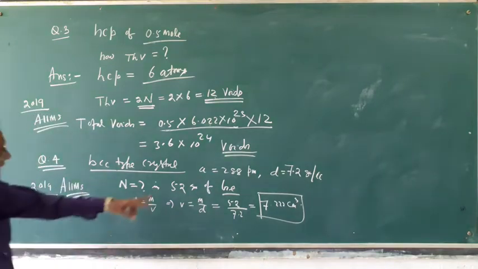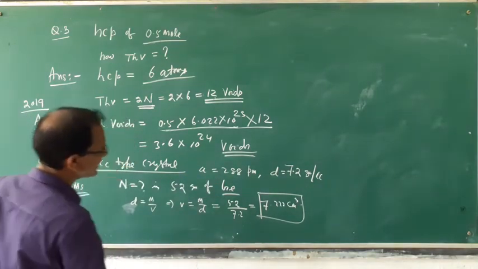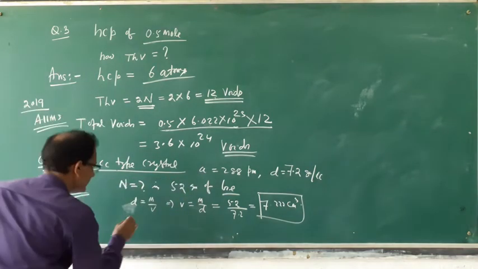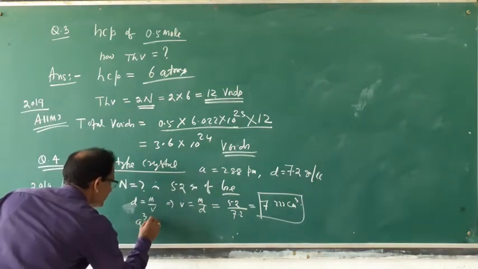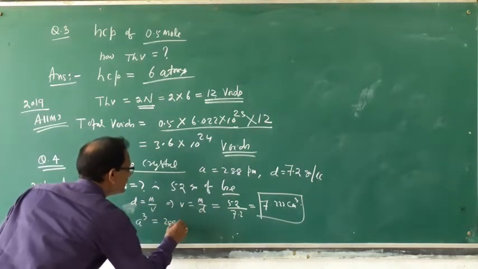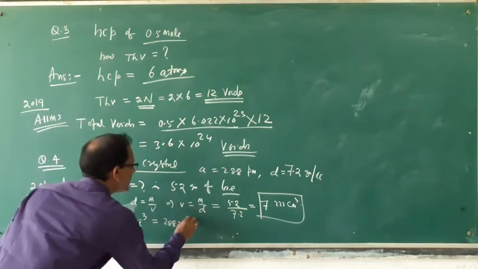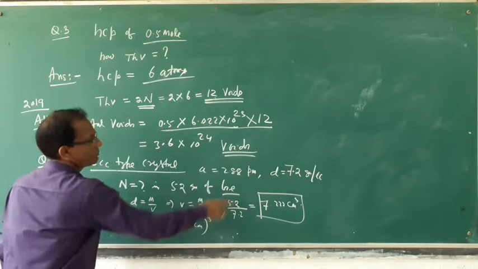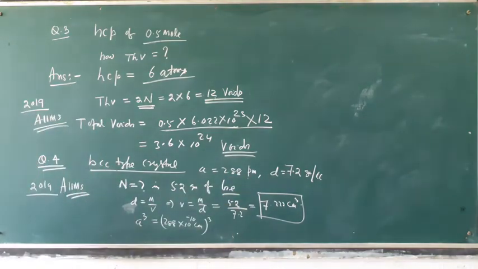But as the edge length is 288 picometer, what is the volume of the unit cell? Volume of the unit cell will be a cube, which is 288 into 10 to the power minus 10 centimeter whole cube, because we know 1 picometer is equal to 10 to the minus 10 centimeter.